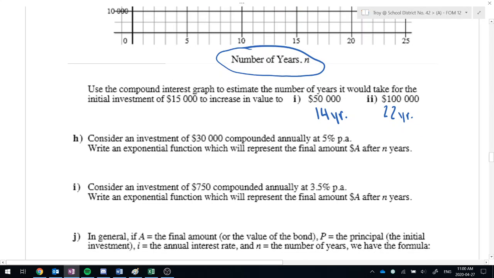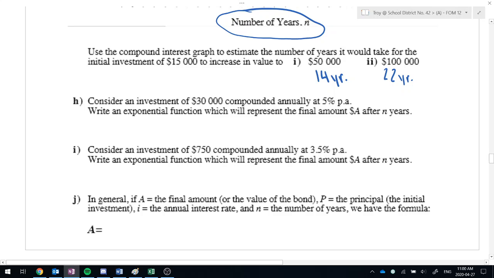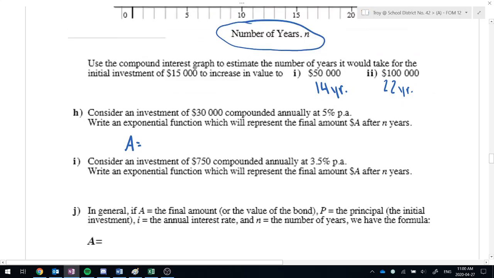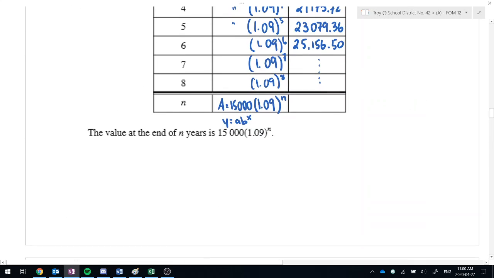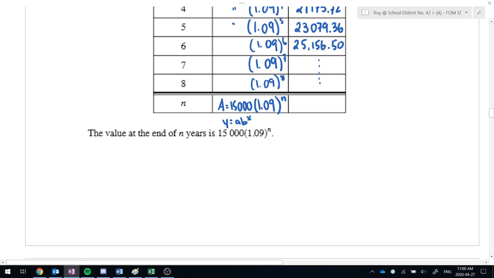Consider an investment of 30,000 compounded annually at 5% per annum. Write an exponential function which represents the final amount, A, after n years. Well, we saw that all we needed to do is take your initial amount, multiply it by 1 plus the interest rate, and raise it to the number of years you're letting it sit there for.